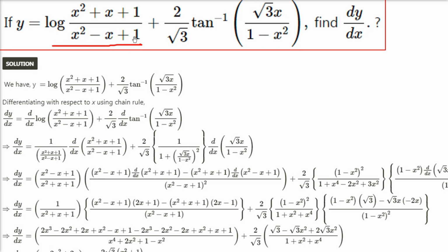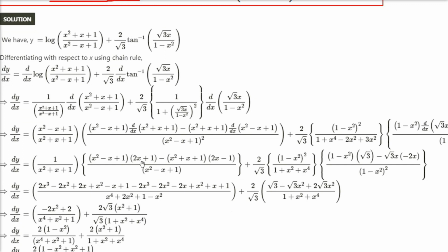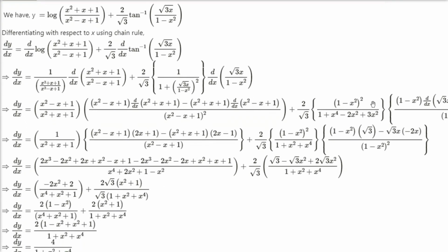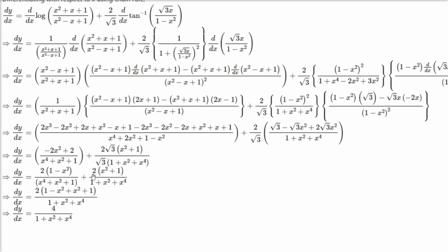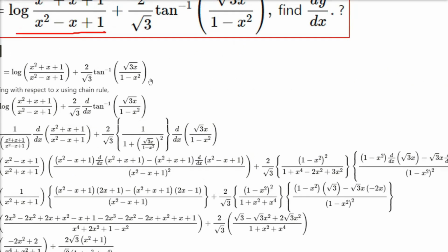That will be through the quotient rule. The differentiation, x square minus x plus 1 square will be the denominator, and then the proper quotient rule. So when you solve all of this, what do you get? This is just algebra. Differentiation is simply log is 1 by that thing, and then differentiation with the quotient rule.